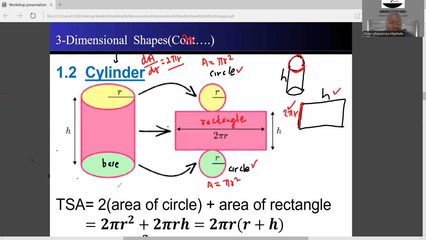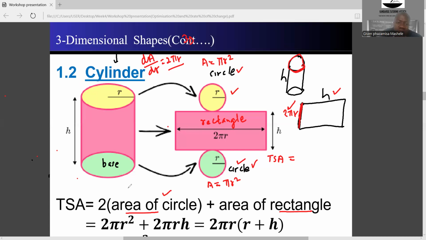Then a cylinder has what you call the total surface area. And how do we determine the surface area? We have to add the area of the two circles and the area of a rectangle, which is 2 times the area of a circle plus the area of a rectangle.